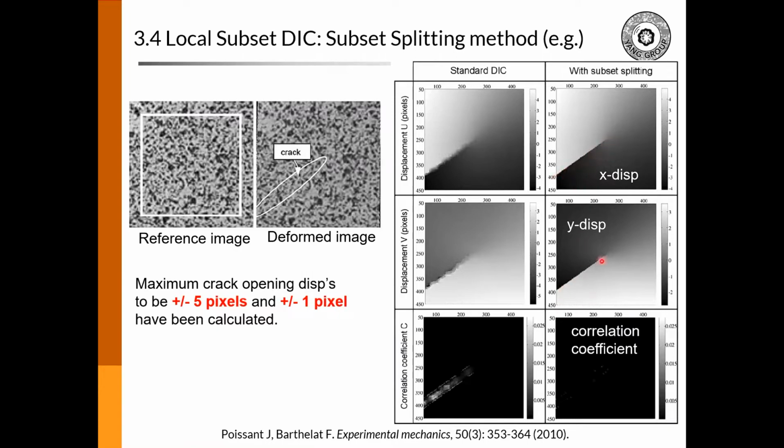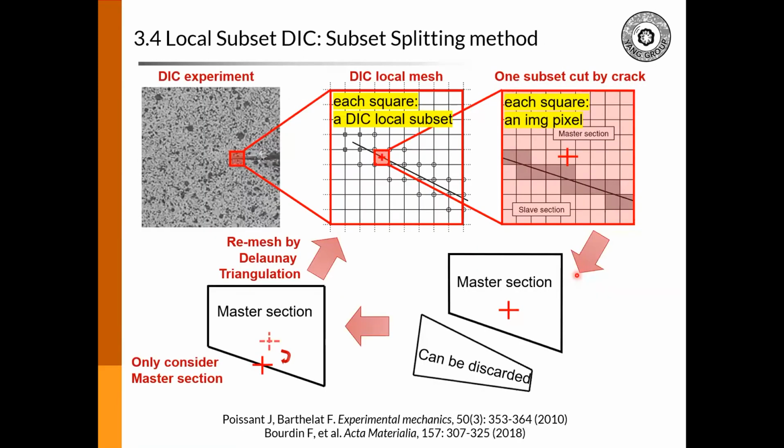You can solve this deformation field very nicely. There's a very sharp jump here, so it works very well. Again, for this local method, because you need to cut lots of subsets across the crack, you need to manually find which subsets to cut, how to cut them, and which part of the information can be used or discarded. You need to detect all this manually.